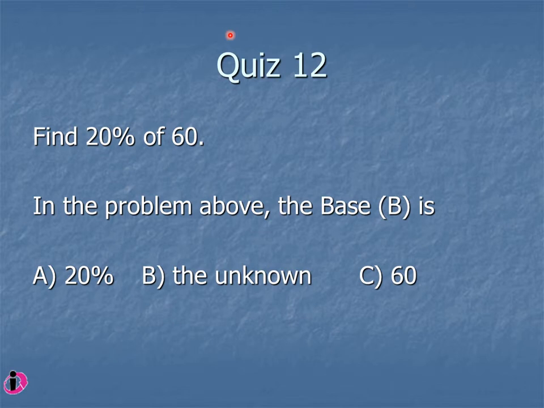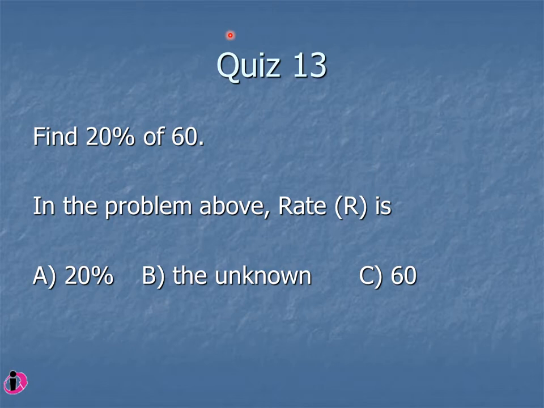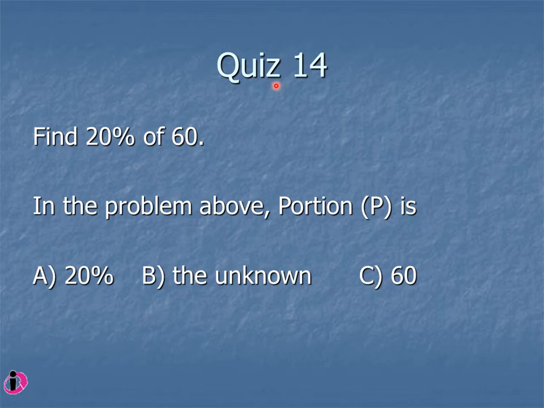Of course 60. We just want to identify those parameters first. What is rate here? Of course 20%, because rate is easy to identify, since it will be followed by the percentage sign. What is the portion here? We don't know the portion, which is unknown, and we have to find it. So the right answer is B.